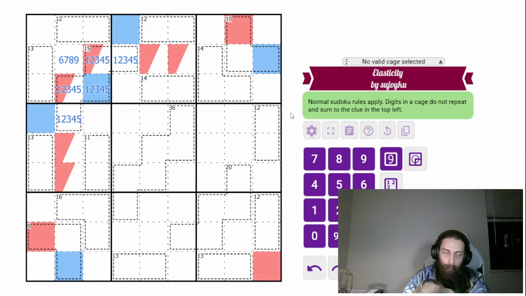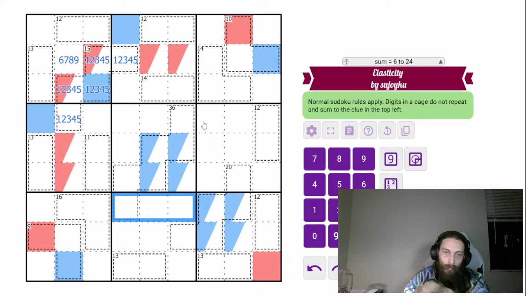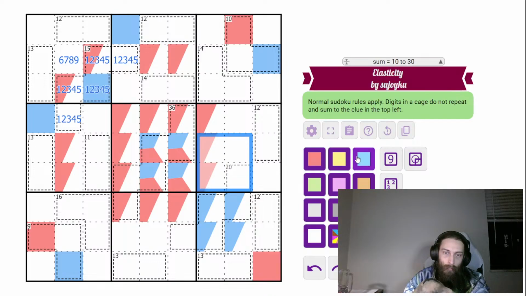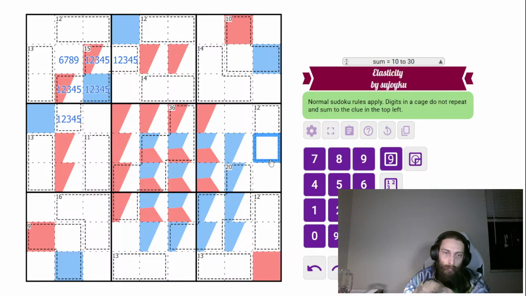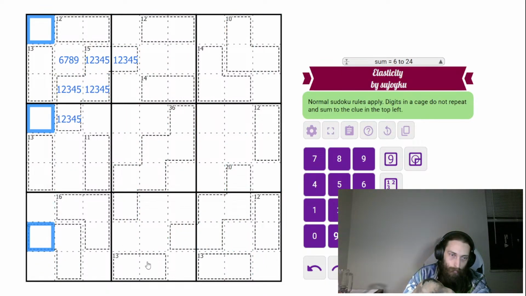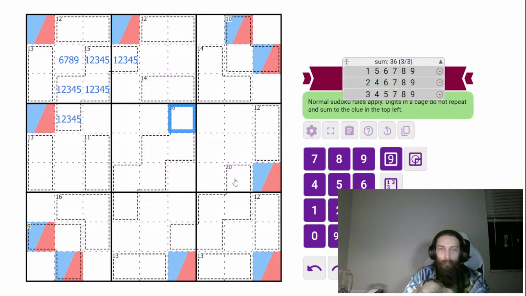Which is fine. The 36 cage? Yeah. Can only have one from 1, 2, or 3. Okay.